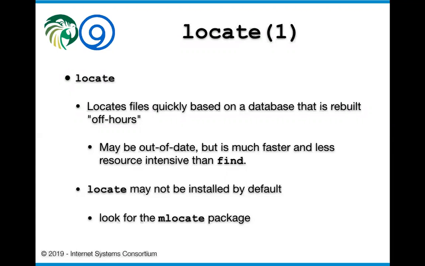Anyway, wherever I was trying it, I couldn't locate, and the update database command wasn't there. So what I had to do was go out and look for a package that contained it, and it was actually called mlocate. And I honestly don't know what the M stands for, but it does include the locate and all of the additional pieces that make locate work.